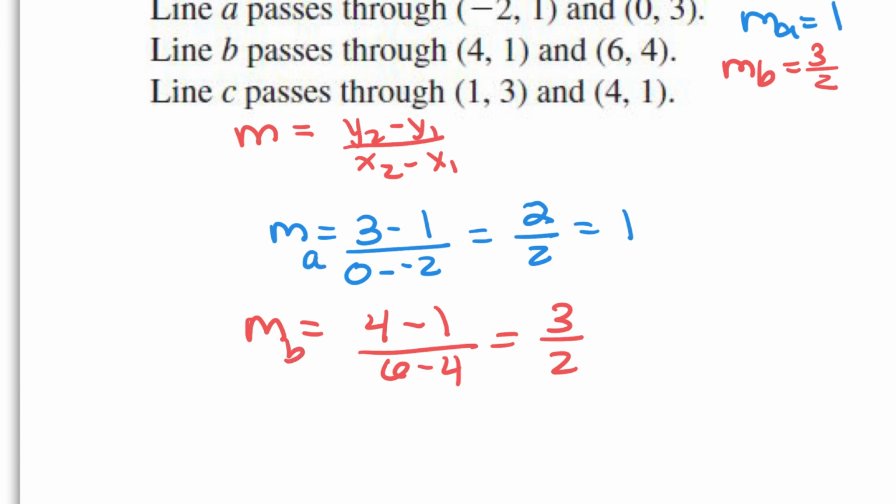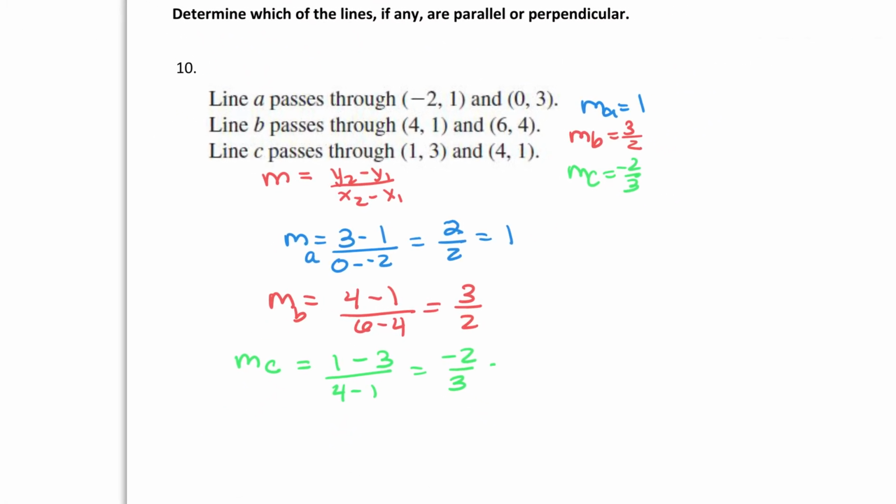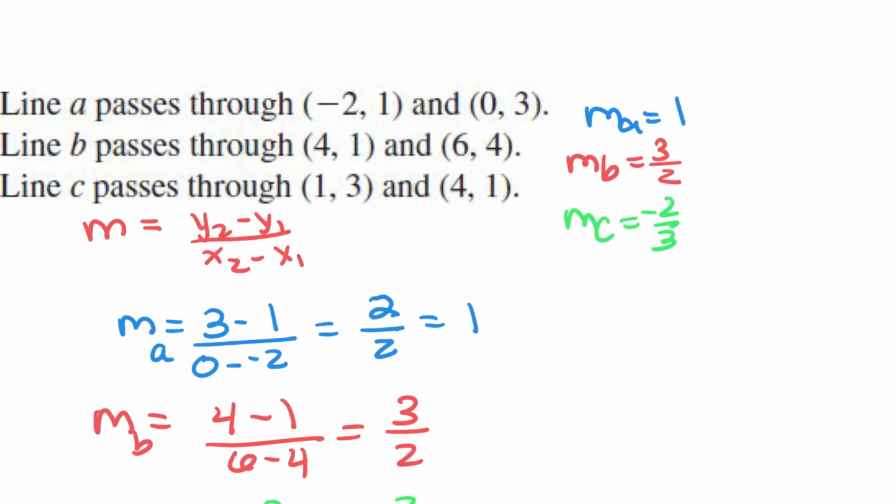And then the slope of line C is equal to 1 minus 3 over 4 minus 1, which is negative 2 over 3. So my slope of line C is negative 2 over 3. So what is the relationship?